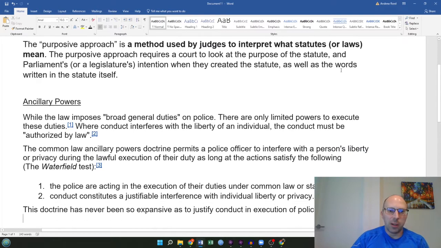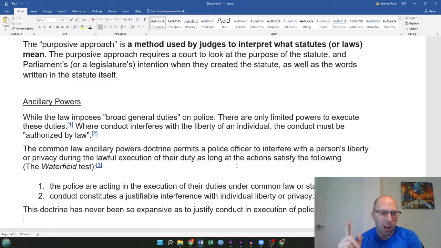Ancillary powers, typically used in reference to the police, where conduct interferes with the liberty of an individual, conduct must be authorized by law.